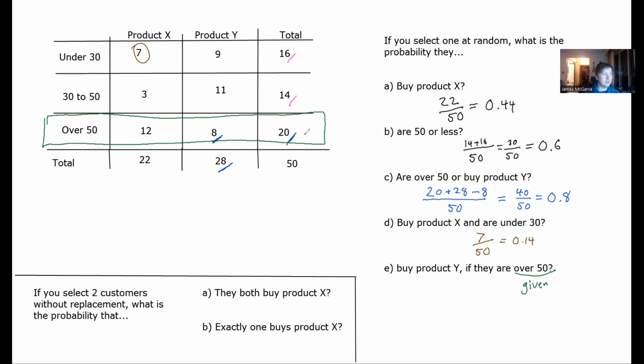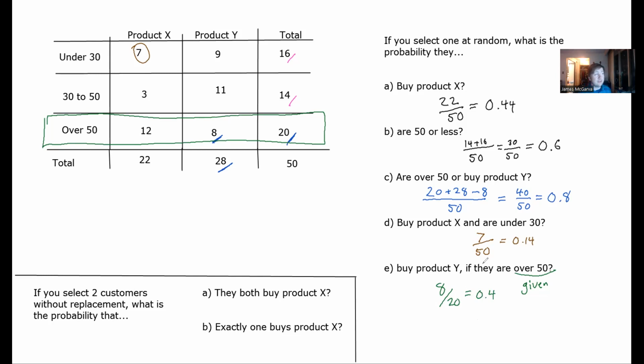We're only looking at these people. There are 20 of them. Out of those 20 people, 8 buy product Y. So the answer is 8 out of 20, which is 0.4.